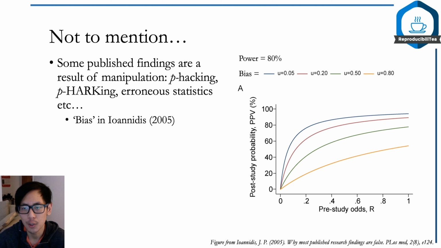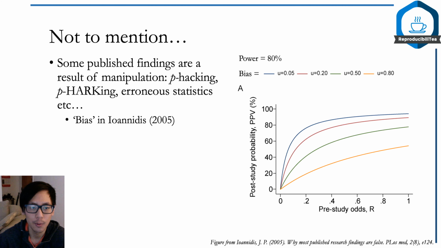So this is referred to as bias here, and in this graph you can see there are 4 lines indicating bias, where U equals 0.05, meaning a low bias, and in yellow, U equals 0.80, meaning a high bias. So in this figure taken from the Ioannidis paper, I've cut out the specific panel for power equals 80%.